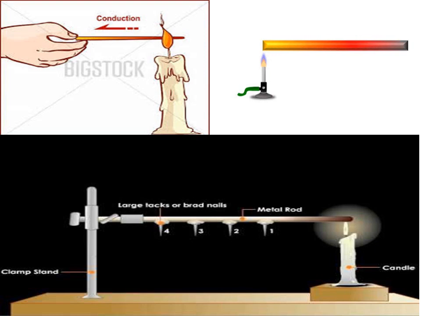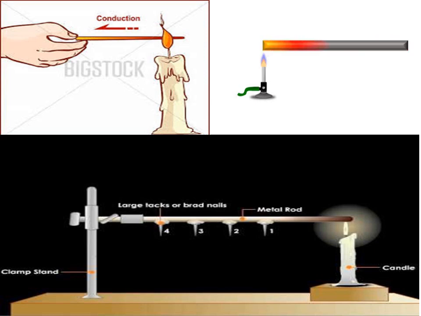Yes, nails start falling down as the wax melts after some time. So the nails near the end that is being heated fall off first, followed by the others. The pin farthest away from the end that is being heated falls off last.